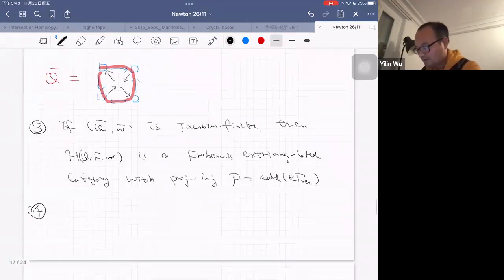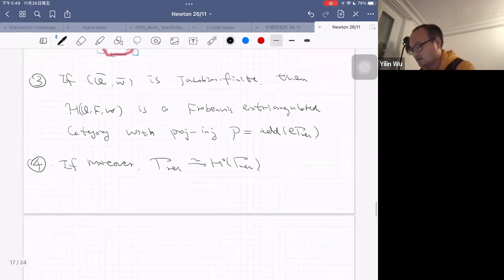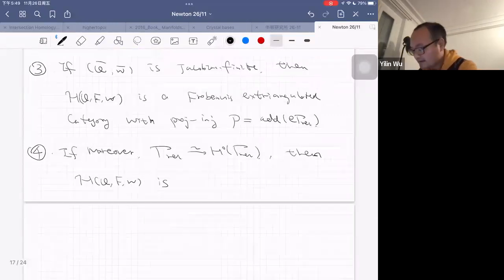And the fourth result: moreover, if this is concentrated in degree 0, I mean, quasi-isomorphic to its zeroth homology, then H is a Frobenius exact category.